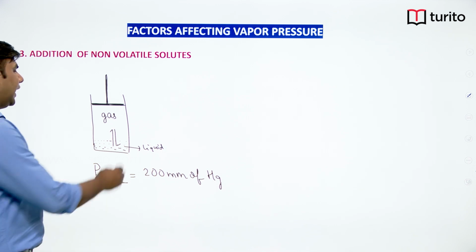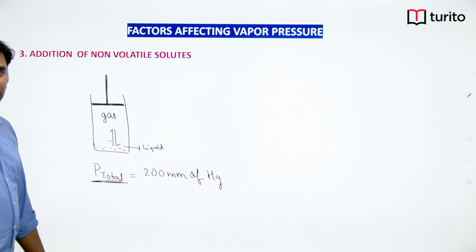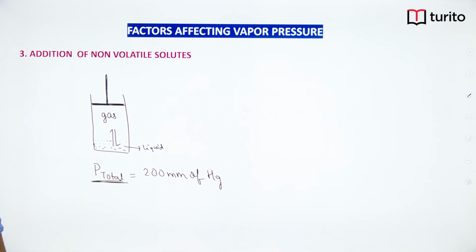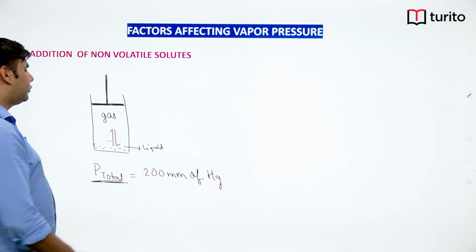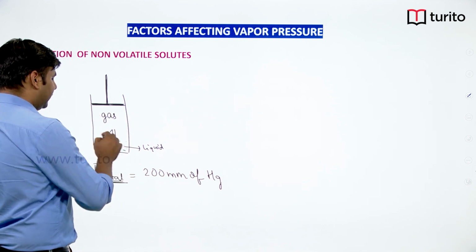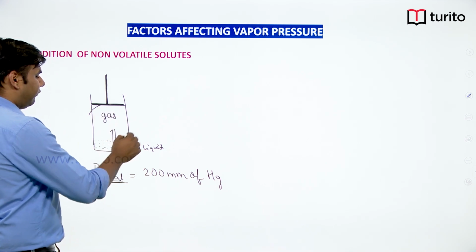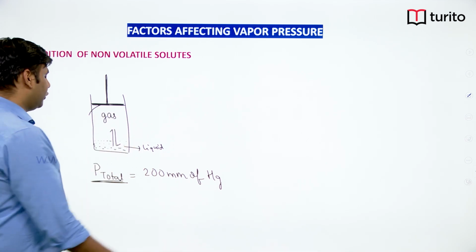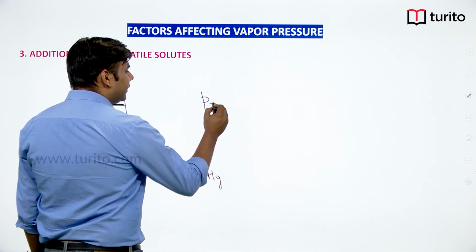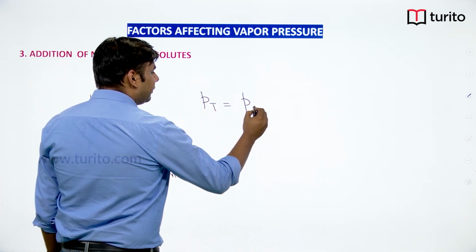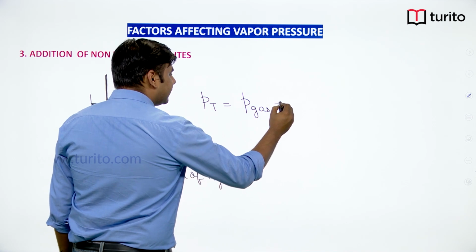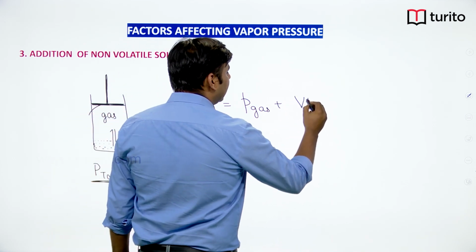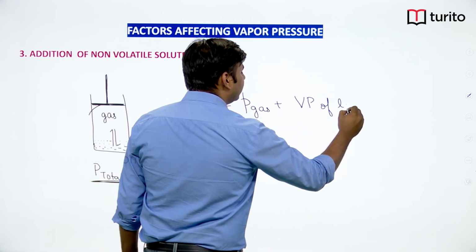That vapor will also exert some pressure on the surface of the liquid, which is known as the vapor pressure of the liquid. So the system above the surface of the liquid will have gas as well as the vapor of the liquid. So the total pressure exerted would be the pressure exerted by the gas plus the vapor pressure of the liquid. I hope this is clear to everyone.